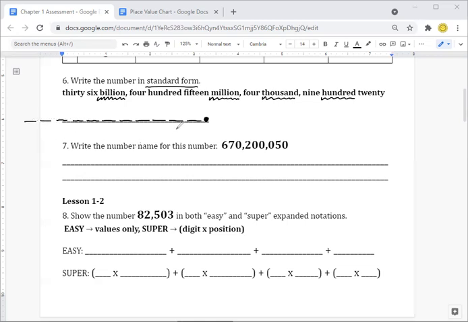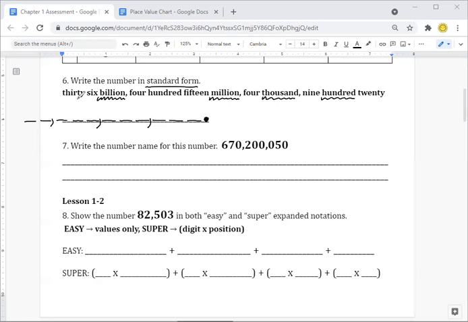Okay, let me just make sure I did that right. I'm going to use commas to help divide up my periods a little bit better. Okay, so we've got the units or the ones period, the thousands period, the millions period, and then 2 digits into the billions. That's what I needed.